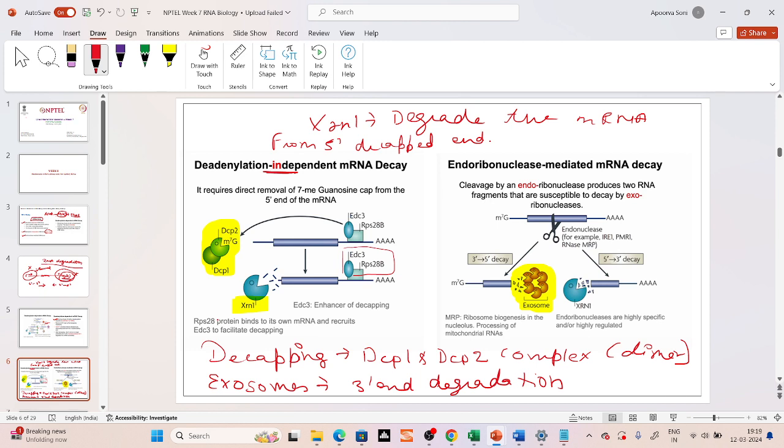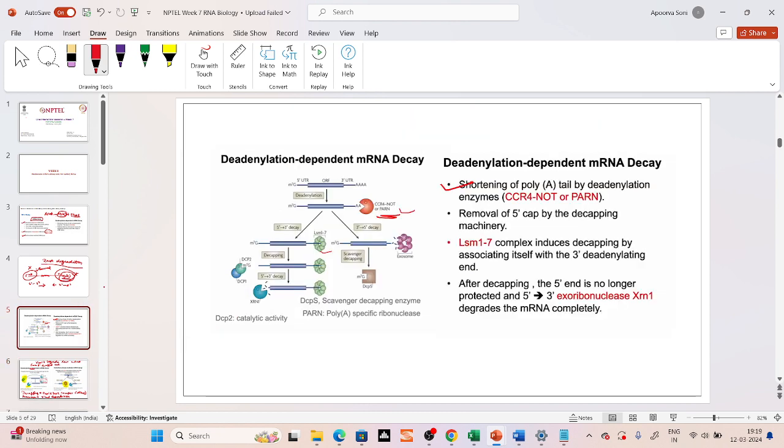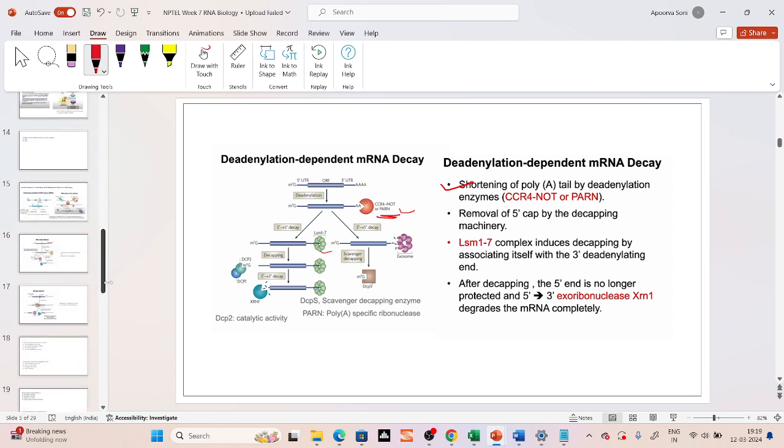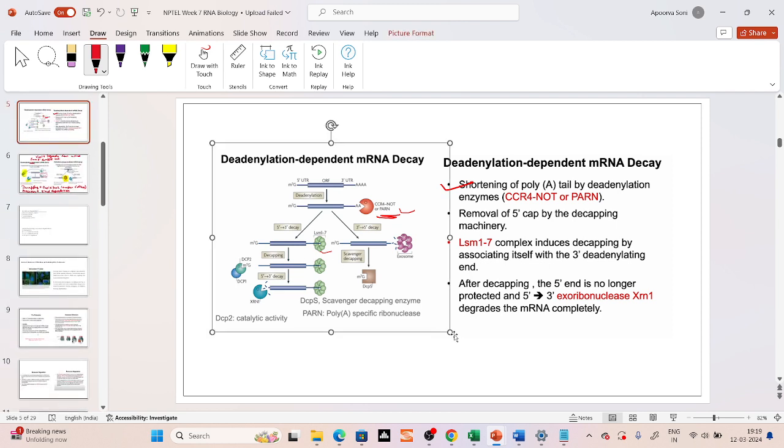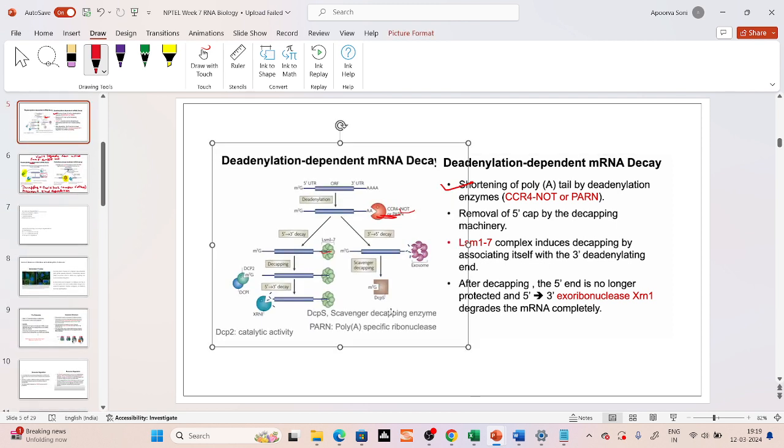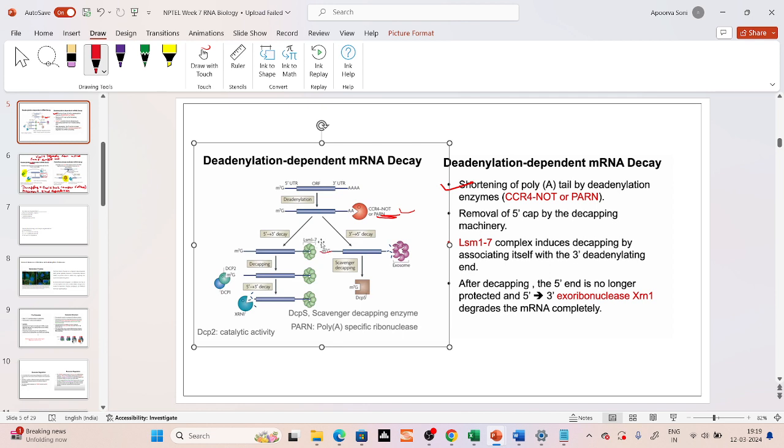So again, same thing happening. You only have to remember that in deadenylation dependent, LSM 1 to 7 was coming and binding through the 3' end, and that is why it needed the activity of CCR4 so that this poly A tail is removed and there is a place for LSM 1 to come and bind.